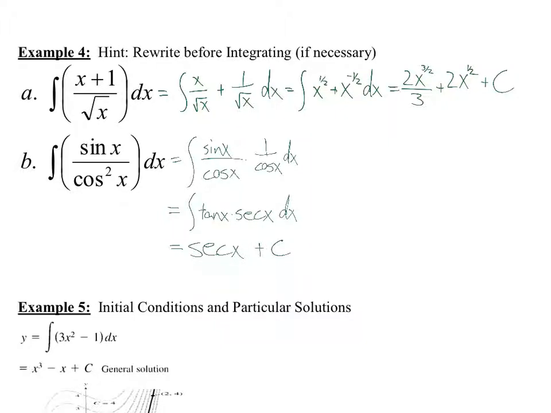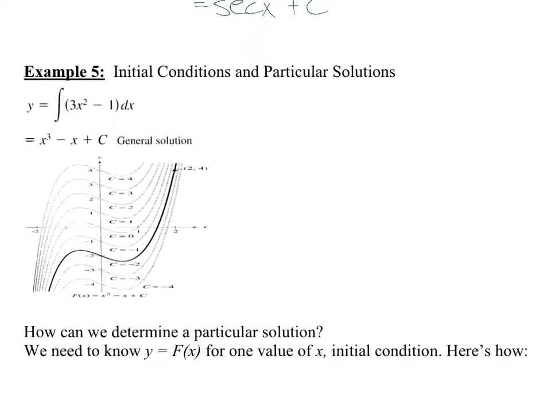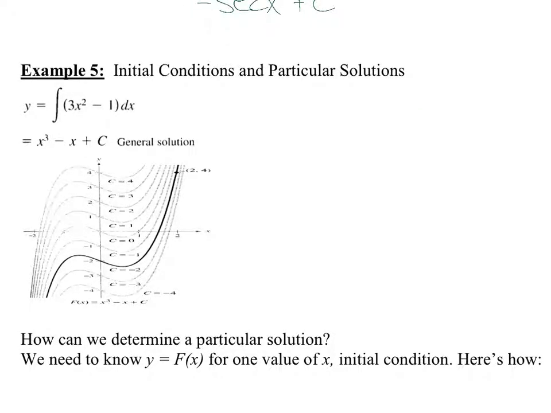So now that we have a decent understanding of how the plus c works and how these antiderivative rules work, I want to look at this idea of initial conditions and a particular solution. So we saw when we solved the differential equation, it asked for a general solution.